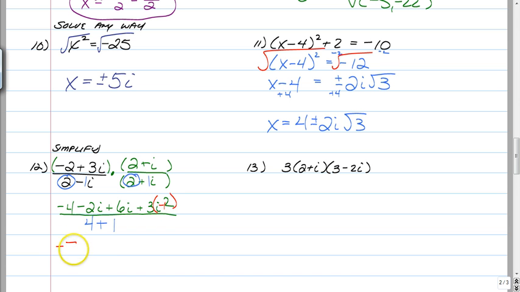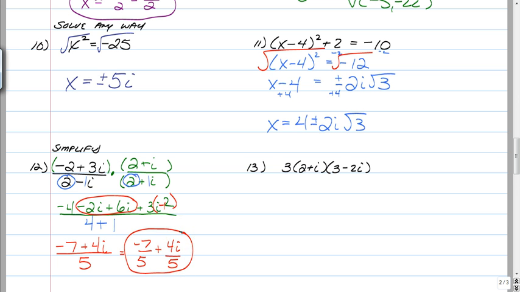So we have a negative 7. We combine our like terms in the middle. So we have negative 2i and 6i, which is plus 4i, all over 4 plus 1, which is 5, and you are done. Remember, it's a good skill to separate it, negative 7/5 plus 4i over 5, just in case that can be simplified. They can't, but if you write it that way, you're safer.